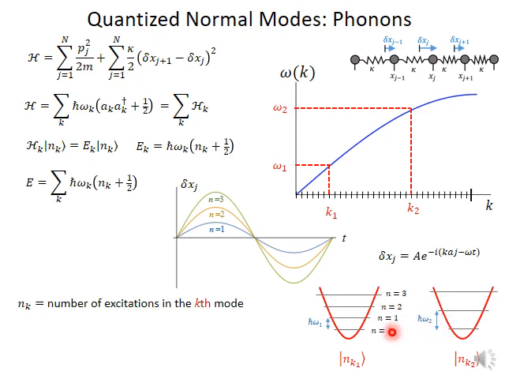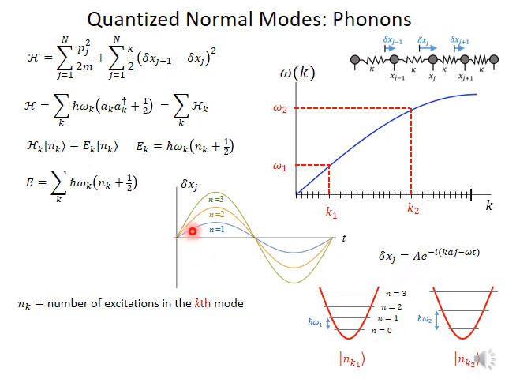So what do we mean by going from a lower n to a higher n, or from a higher n to a lower n? Classically, let's say you take a certain k1. For that k1 you have omega 1. You put these two values in here and you would get the displacement of the jth atom for that particular mode.